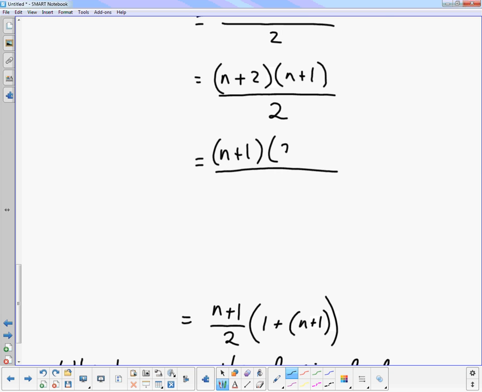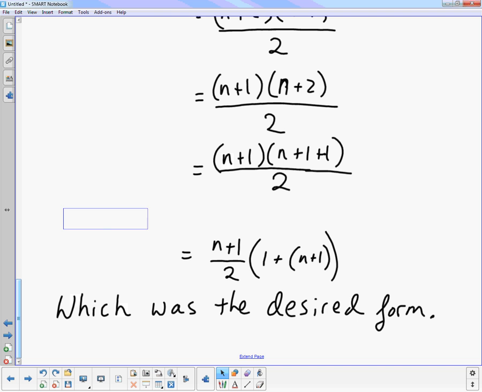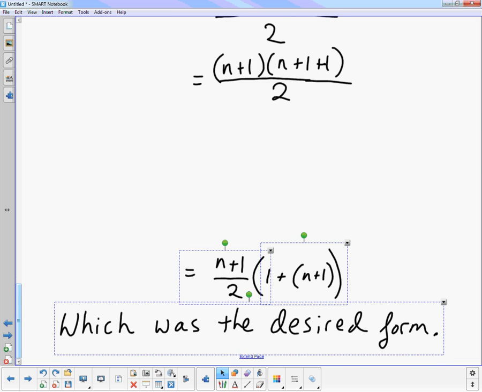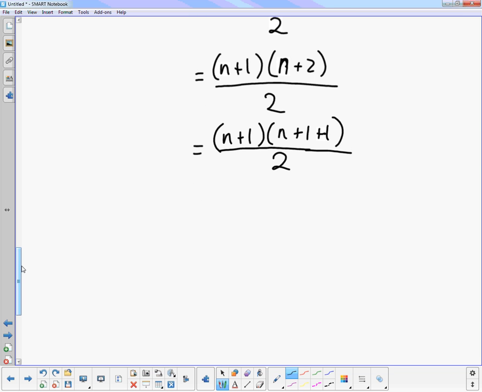Because I have the commutative property of multiplication, right? I can do that. Okay? We all agree. Good. Because 2 is equal to 1 plus 1. Because I have the commutative property of addition.